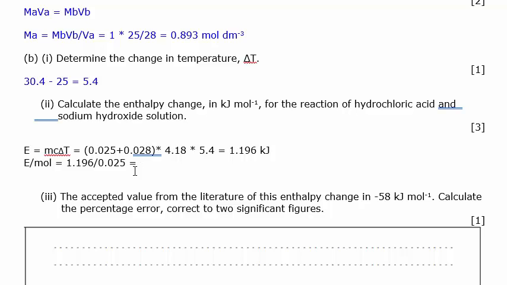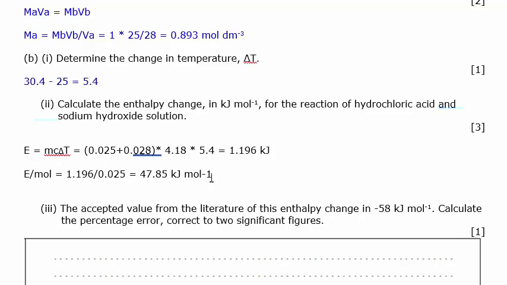And that comes to 47.85. 47.85 kilojoules mole minus 1. Let's make it pretty. There we are, and let's blue it up because it's an answer.